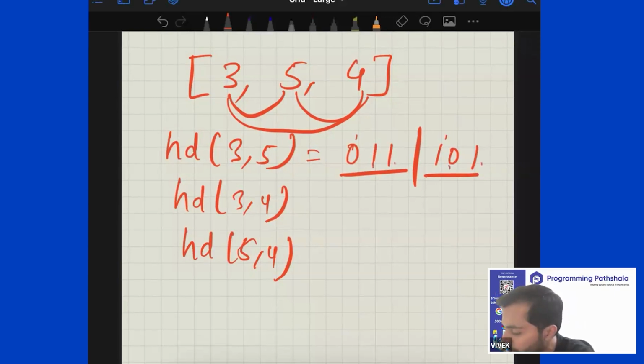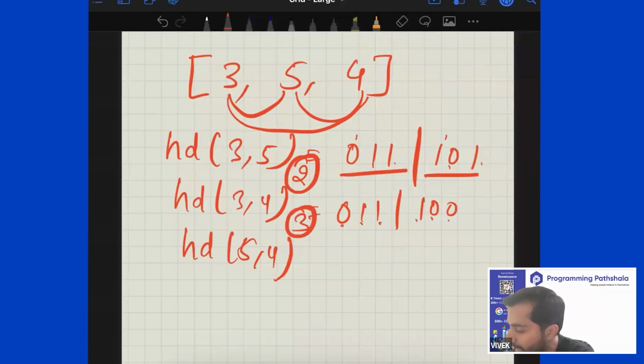So the Hamming distance of 3 and 5 is 2. What is the Hamming distance of 3 and 4? 3 is written as this, 4 is written as that. At how many positions are the bits different? Very good, 3. And how about the Hamming distance of 5 and 4? 5 is written as this and 4 is written as that, so there is only one position where it is different. So your sum is 2 plus 3 plus 1, which is 6.